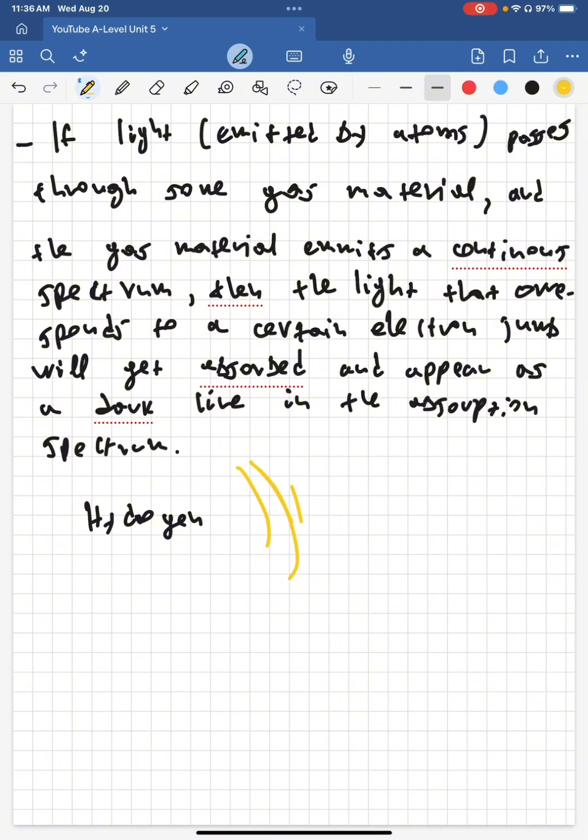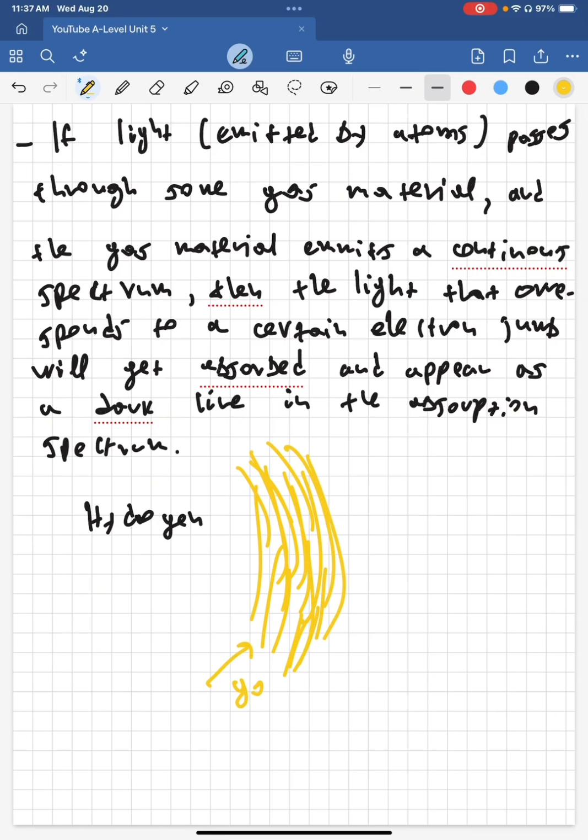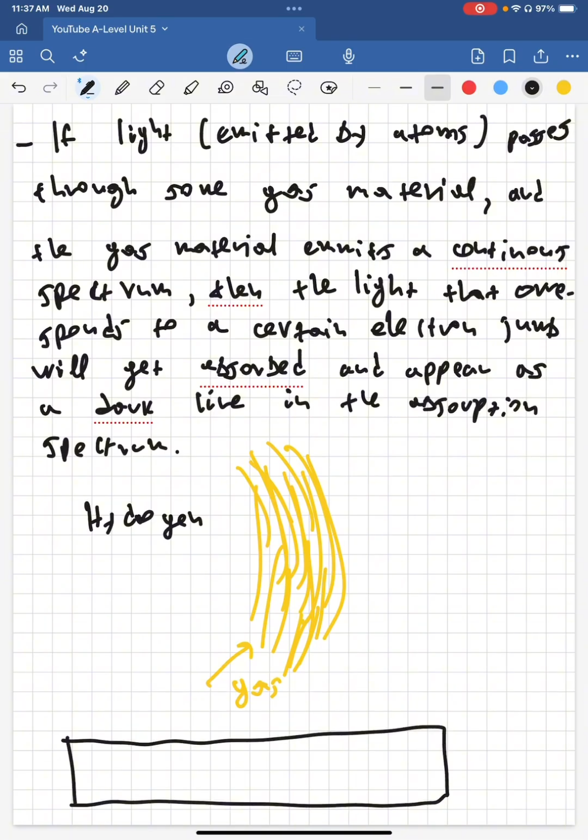So you have actually lots of gas, because this is the sun we are talking about. This gas, because it's dense and it has a lot of material in it, will emit a continuous spectrum.